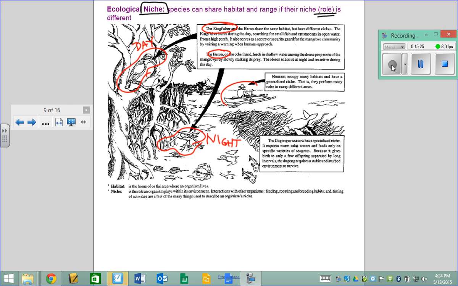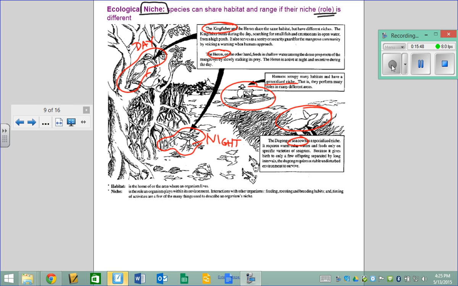Now here's another species, a human. We are pretty general. We can sort of get by on a lot of different things. And so we don't interfere with those birds necessarily because we do not need to consume the same type of food that they're consuming. We have a lot of choices. Over here, we have a sea cow.